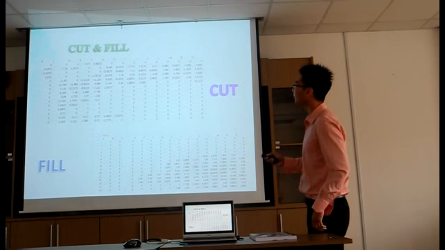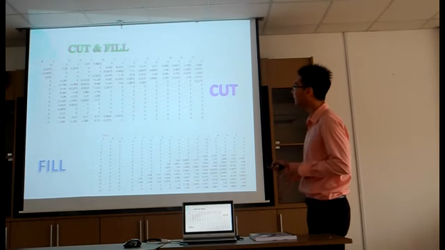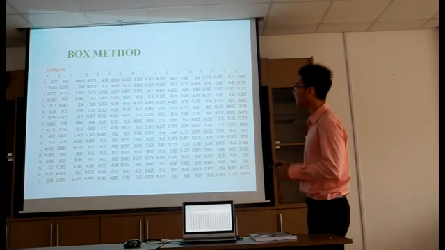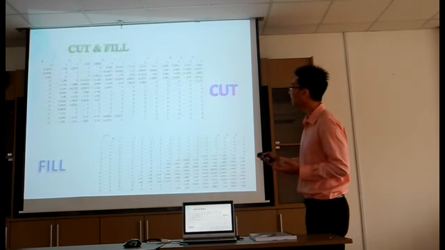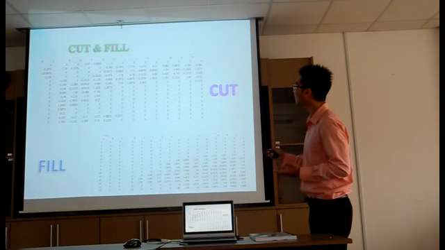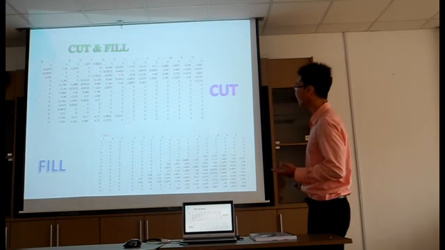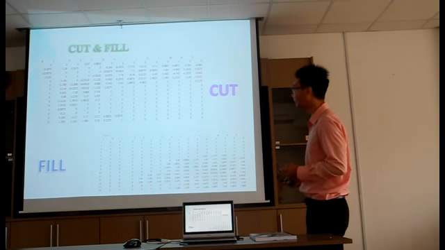After that, we use this existing level minus the platform level, so we can see the cut and fill. For example, this area all has to be cut, and this area all has to be filled. So it's quite clear that around half has to be cut and half filled.